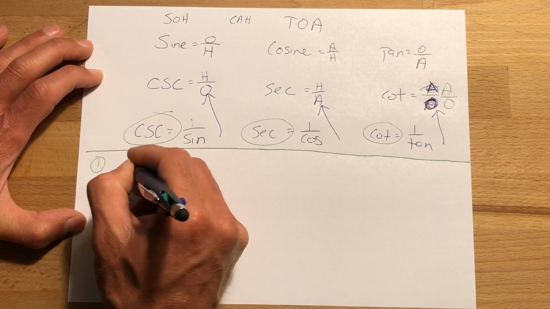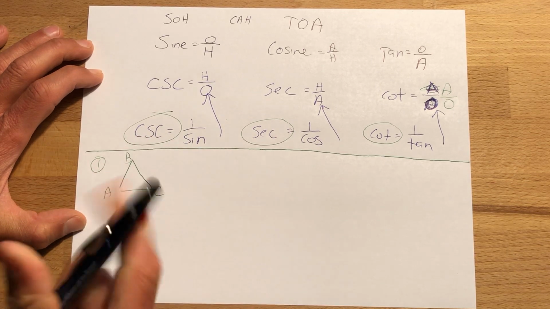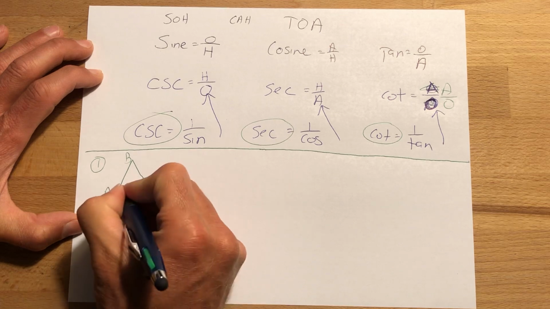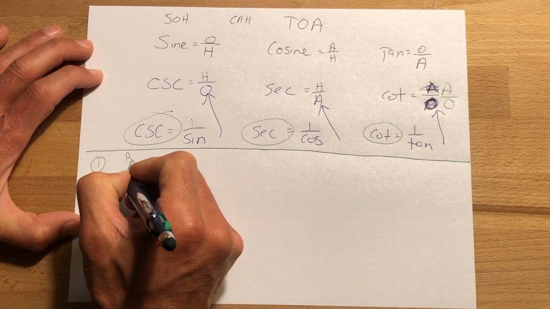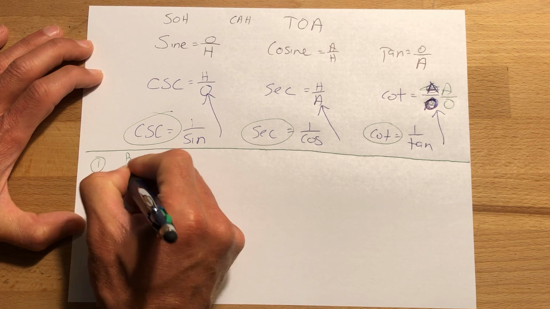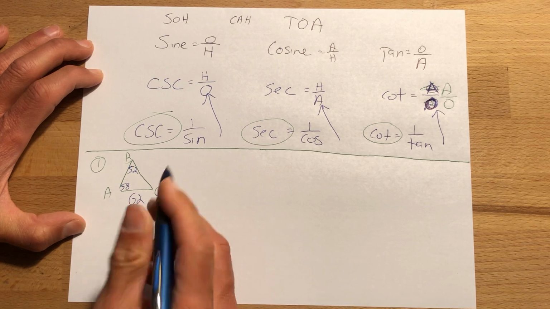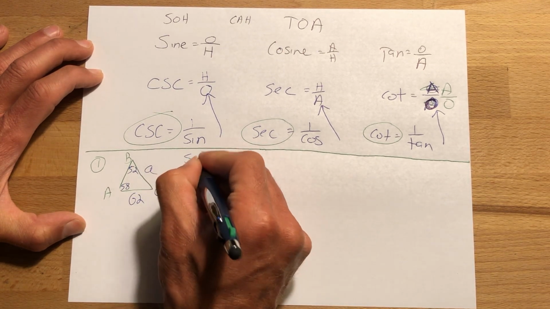It says, solve for triangle ABC if angle A is 58 degrees, angle B is 52 degrees, and side B is 62. All right, first I'm going to solve for side A. So I'm going to use law of sines.